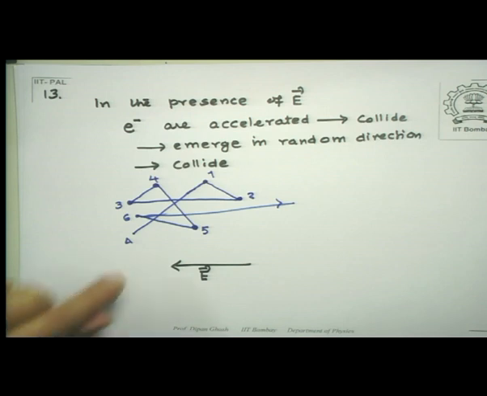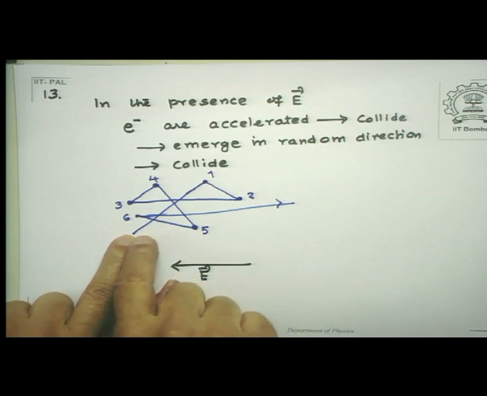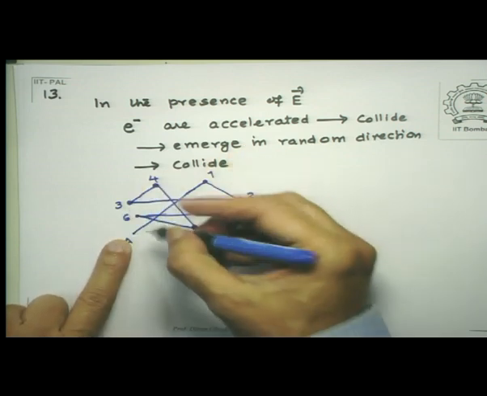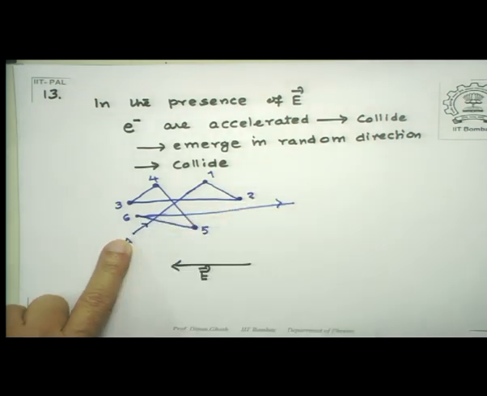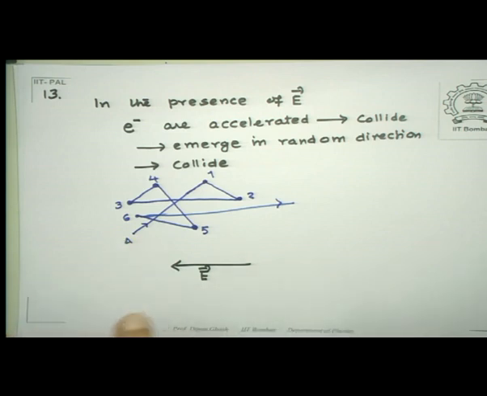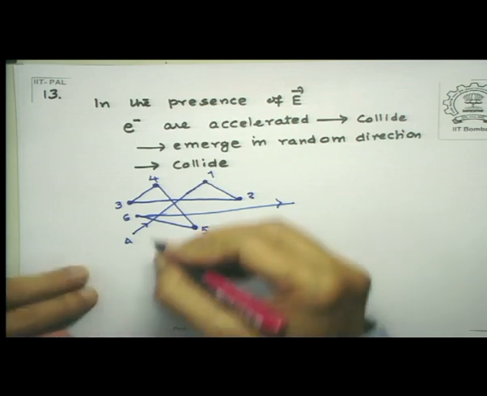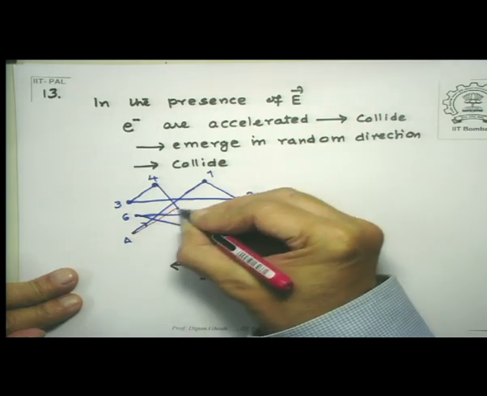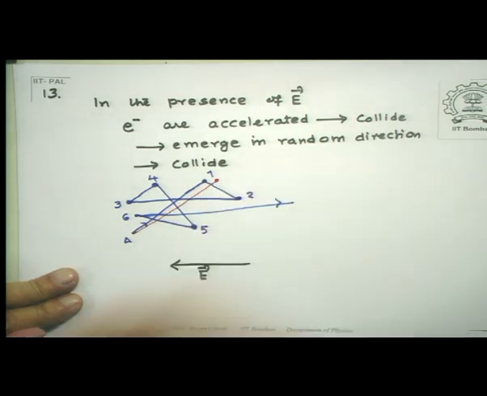So the electron has a velocity, in the absence of an electric field, in this direction, but there is an electric field providing it an acceleration in the other direction. So this electron would not quite follow this path, but it will take a path which is fairly close to it and maybe go like this.